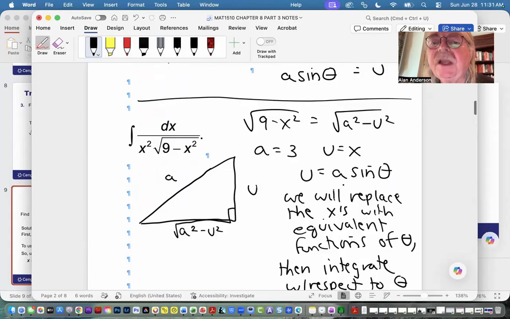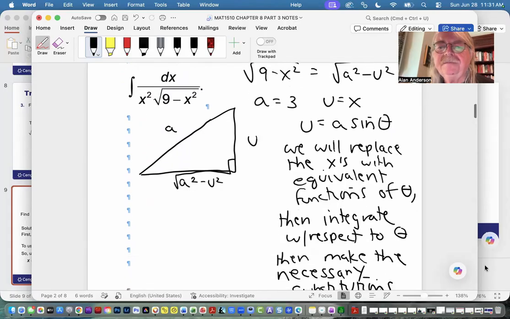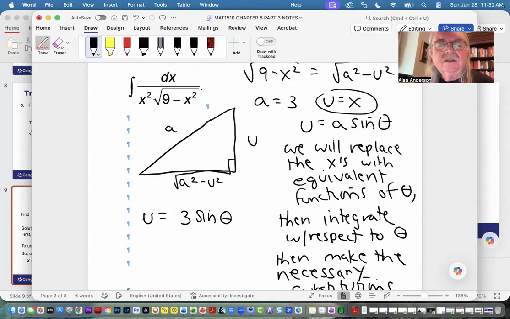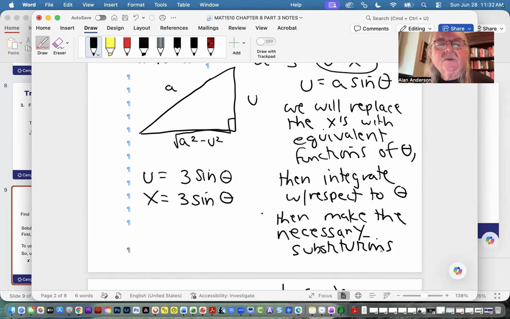Now remember, 2a is, sorry, 3 sine theta. And remember, we also noted that u is x. Oh, all right. Well, that helps. That means, of course, that x squared is 9 sine squared theta.